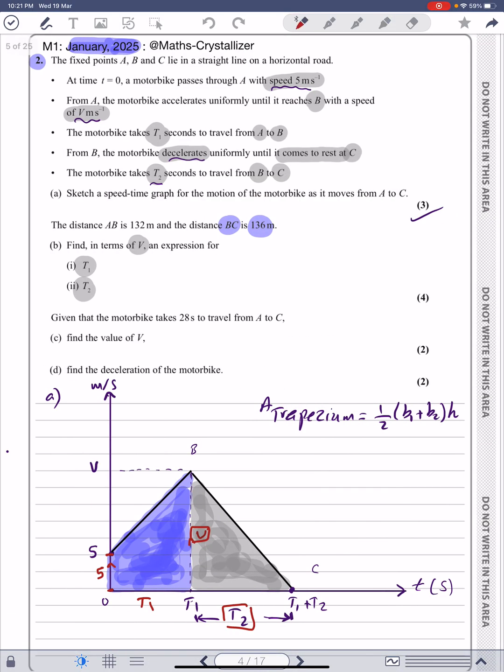For part C, given that the motorbike takes 28 seconds to travel from A to C, find the value of V, which is the speed given in this question. So simply, we agreed that the total time from A to C is T1 plus T2.